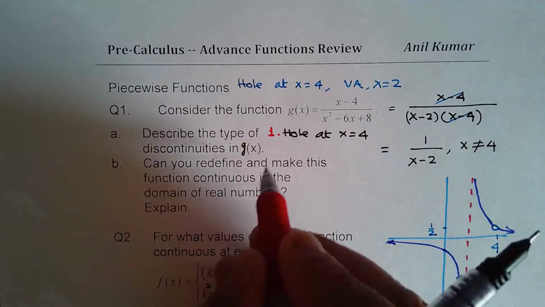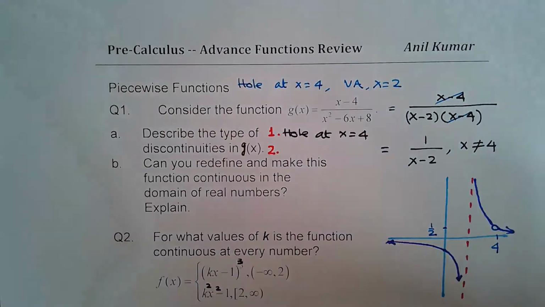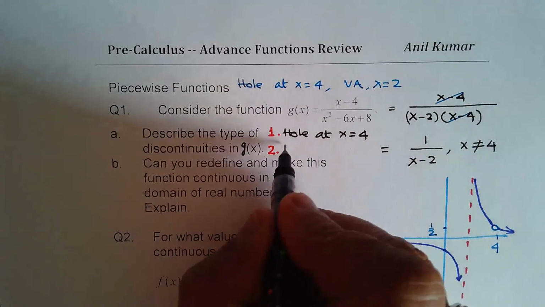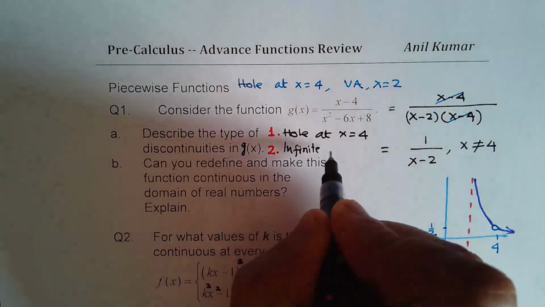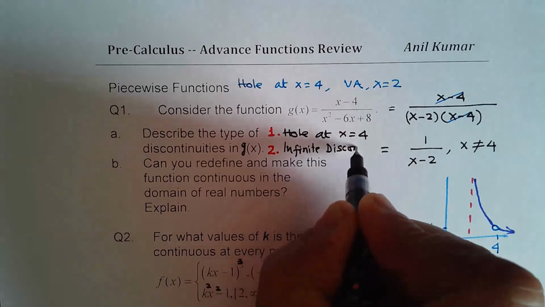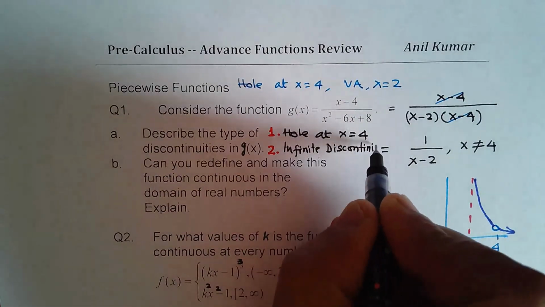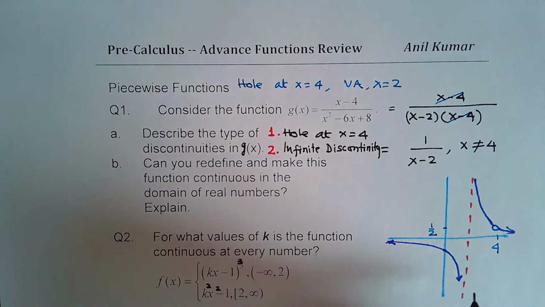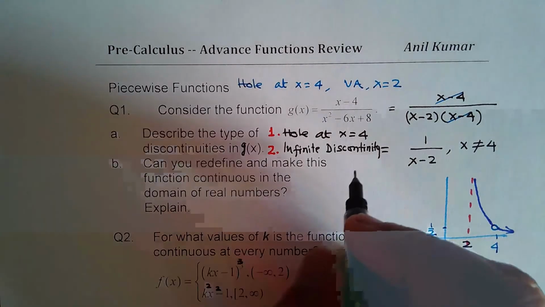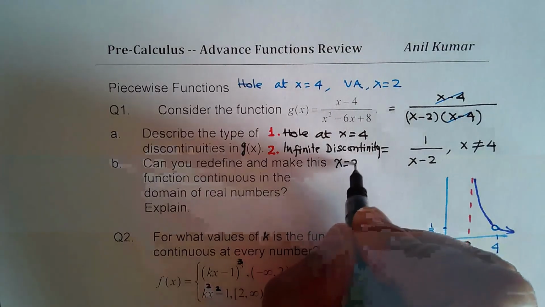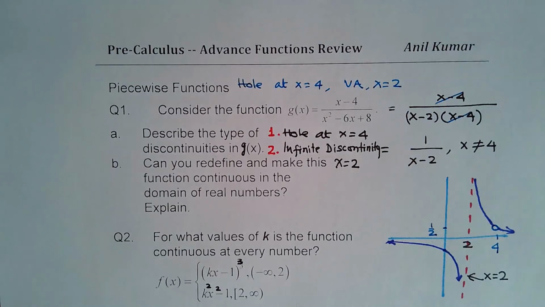The second type of discontinuity which we have is called infinite discontinuity. This is at x equals 2. So these are the two types of discontinuities.